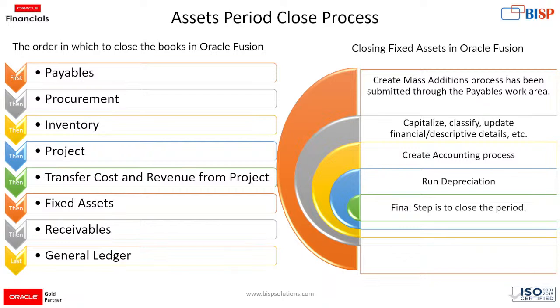This ensures that any invoiced assets have been pushed through to the fixed asset module and can be processed accordingly. Once all assets are in the fixed asset module, process them as needed: capitalize, classify, and update the financials or descriptive details, and so on.